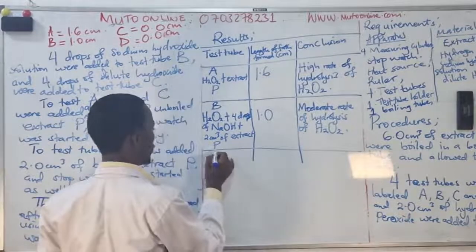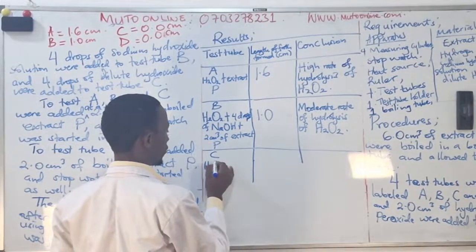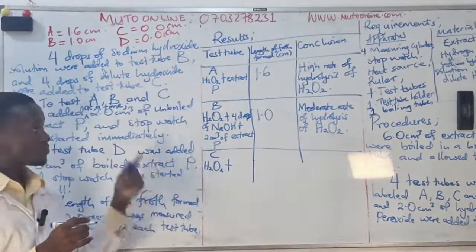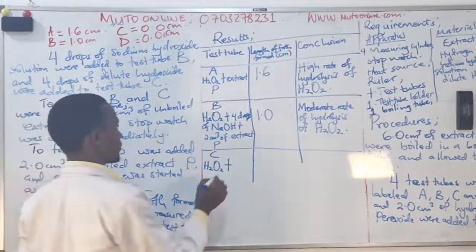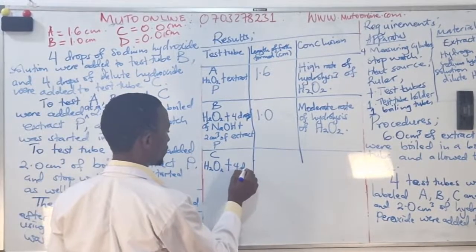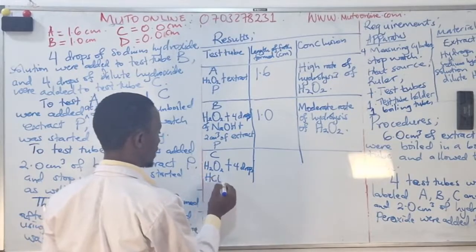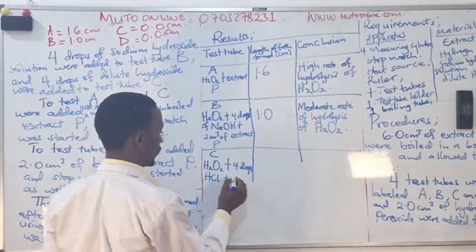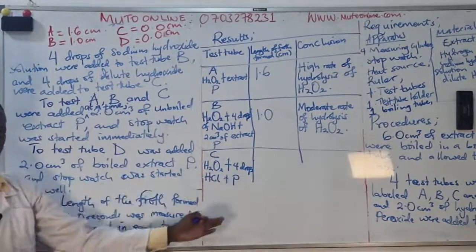So for test tube C, where I have 2 cubic centimeters of hydrogen peroxide, describe the test tube well, plus 4 drops, right in full, of hydrochloric acid, plus 2 cubic centimeters of extract P. Write these statements in full.